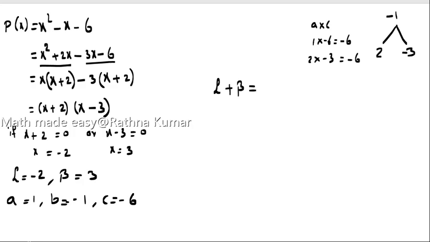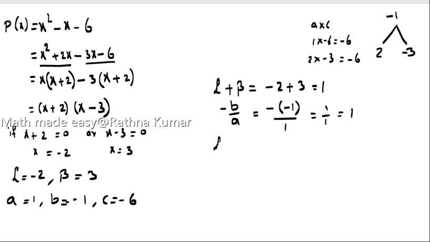Minus 2 plus 3, that is nothing but 1. So from the coefficients, how can we get back 1? If we do minus b by a, minus of b is minus 1 and a is 1, so 1 by 1 is 1. So if you observe, these two are equal.